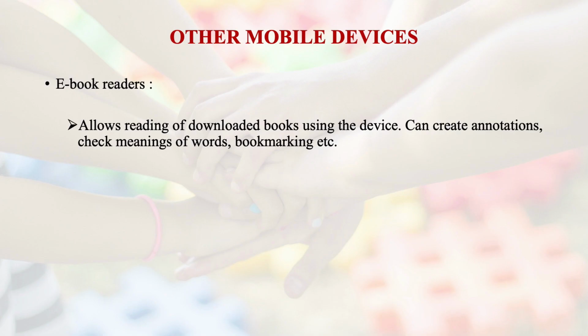You want to record it or write a comment on it, you can do that. You can check the meaning of a word, you can bookmark pages. Many features we use in a normal book reading environment can be availed with the help of mobile devices.